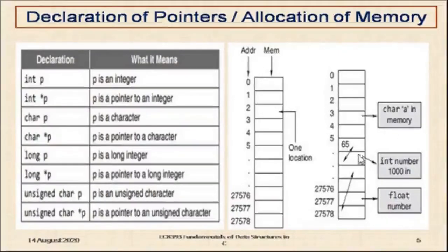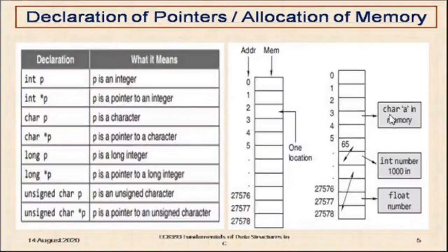Integer type 2 bytes, floating point 4 bytes, double 8 bytes, and so on. Right. So when we declare the variables in the program, what is actually happening inside the system is that it will allocate memory space for the particular variable. So depending upon the size of the data type, it will allocate the number of memory locations in the memory.